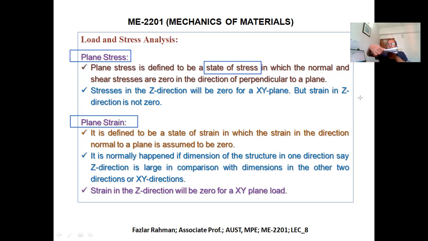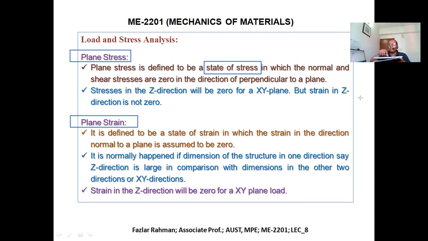If I pull along this direction, the force Fy divided by the area, you get the stress along the y direction, right? If you pull along this direction, the length also increases. That means you will have strain. What is the strain? Deformation divided by original length. Similarly, if you pull along this direction, there will be stress and also strain.